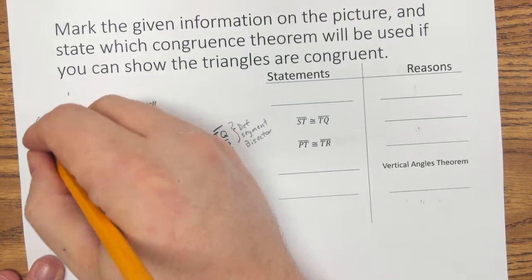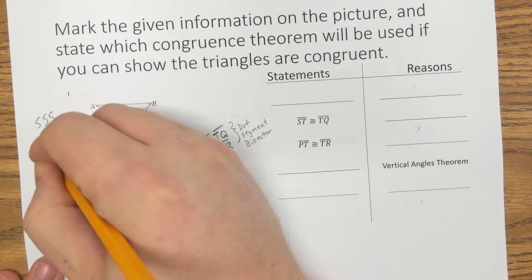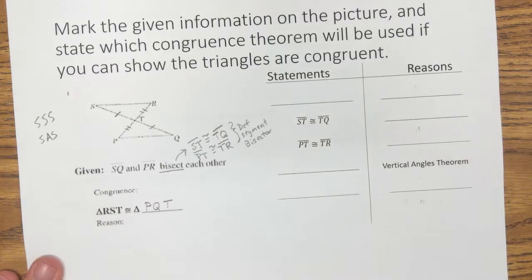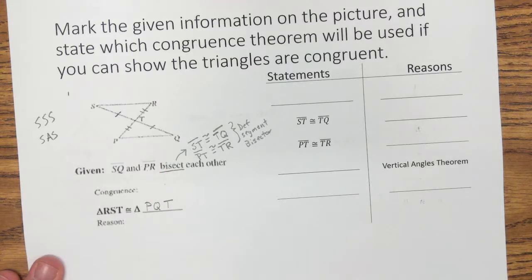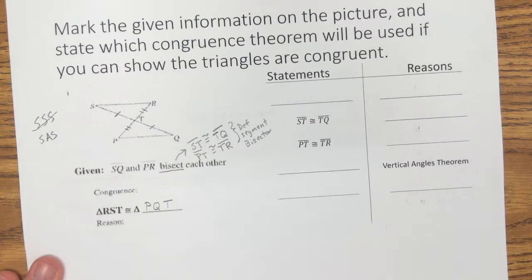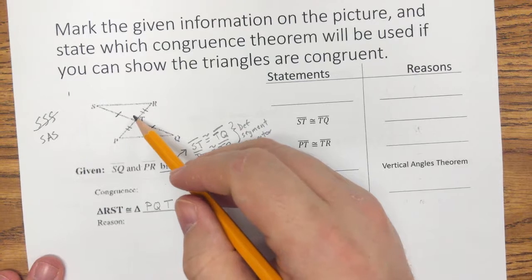Well, from what I've been given, I don't know anything about the third side, SR and PQ. So that means that side, side, side is out. So I have to use side, angle, side if I'm going to prove these things congruent. Well, look right here.